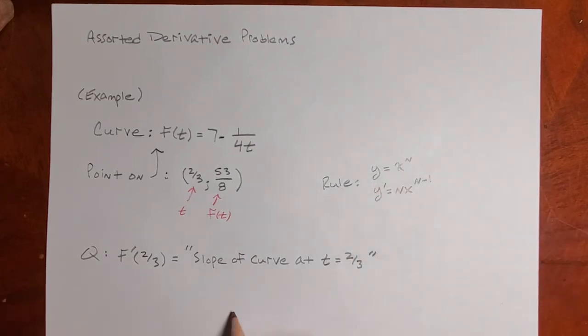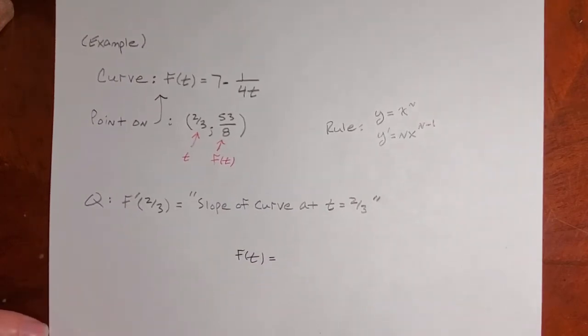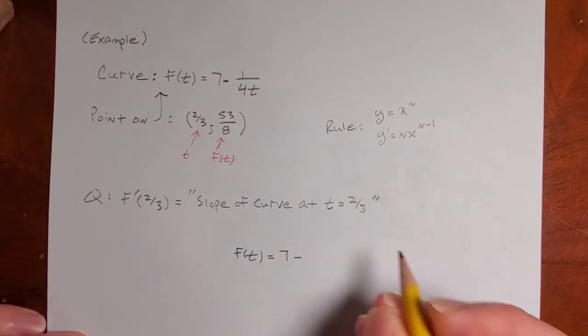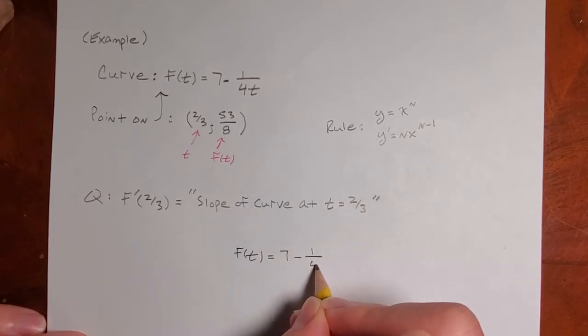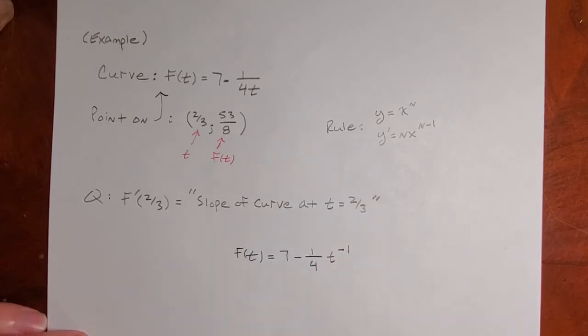So let's rewrite f of t a little bit. We'll say f of t is, now we have to know a fair amount of algebra to do calculus successfully. So let's say I know enough algebra that I can rewrite what I'm given this way.